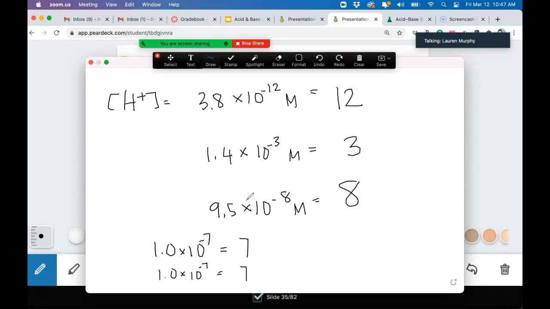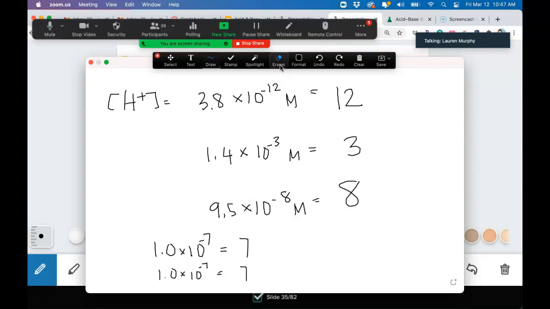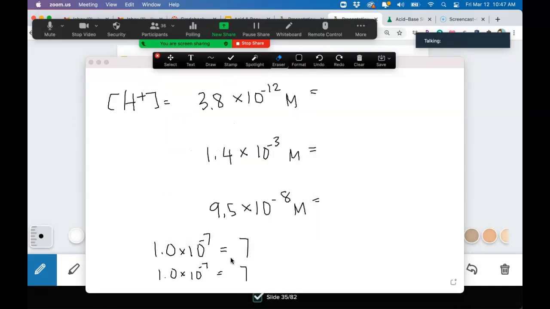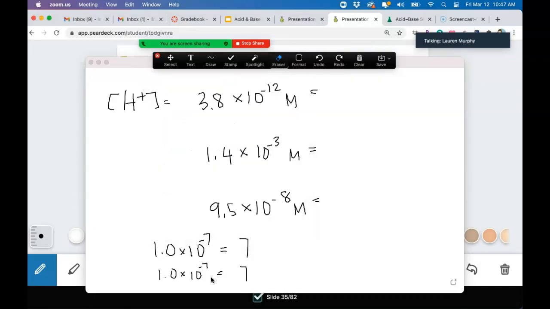So now they're not beautiful. It's not like a 1.0 out in front, so they aren't beautiful numbers. This will work with pOH as well. So if this was OH-, when this was a 1, that would be your pOH would have been 12, and your pOH would have been 3, and your pOH would have been 8. Yes, it totally works with OH- as well. Absolutely.